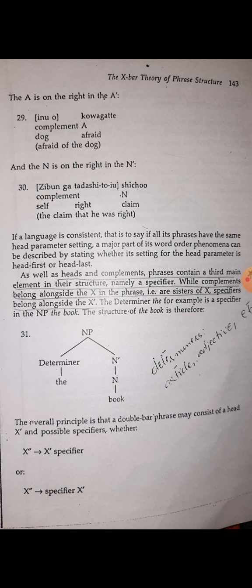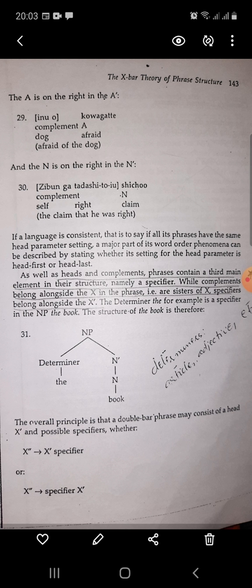So X double bar consists of X bar with a specifier, or it might be possible that X double bar has a specifier and then X. So again, we talk about head-first or head-last languages. It will be dependent upon the nature of the language from where the phrase is coming.